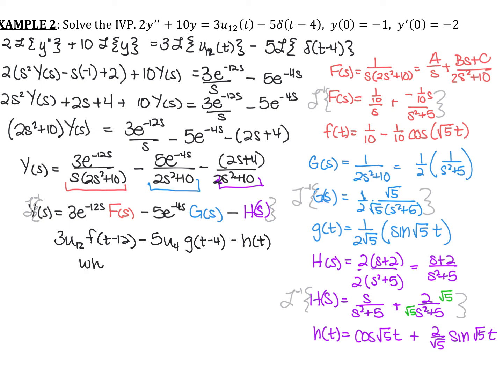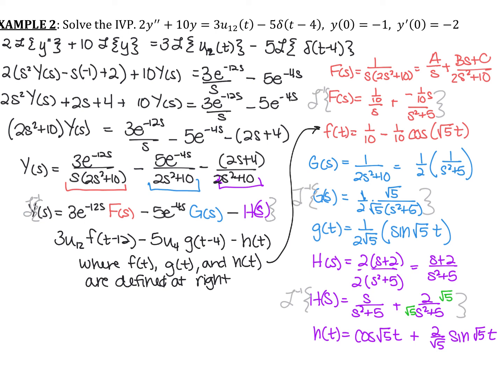And then I can just say where f of t, g of t, and h of t are defined at the right. If you wanted to make note of them, it might make your life easier. And so then this would be my y of t function. And we're done.